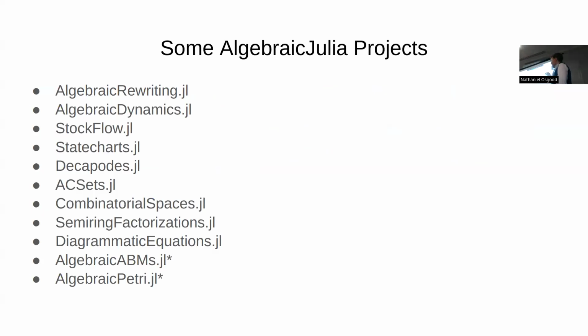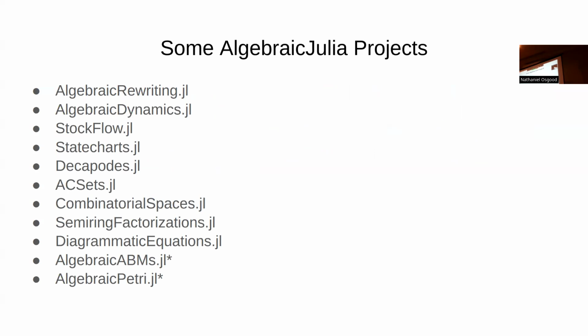I noted that the algebraic Julia ecosystem is large. Each year, more projects get added to it. Xiaoyan is behind several of these projects, like StateCharts and StockFlow.jl, and has contributed to AlgebraicABMs and others.